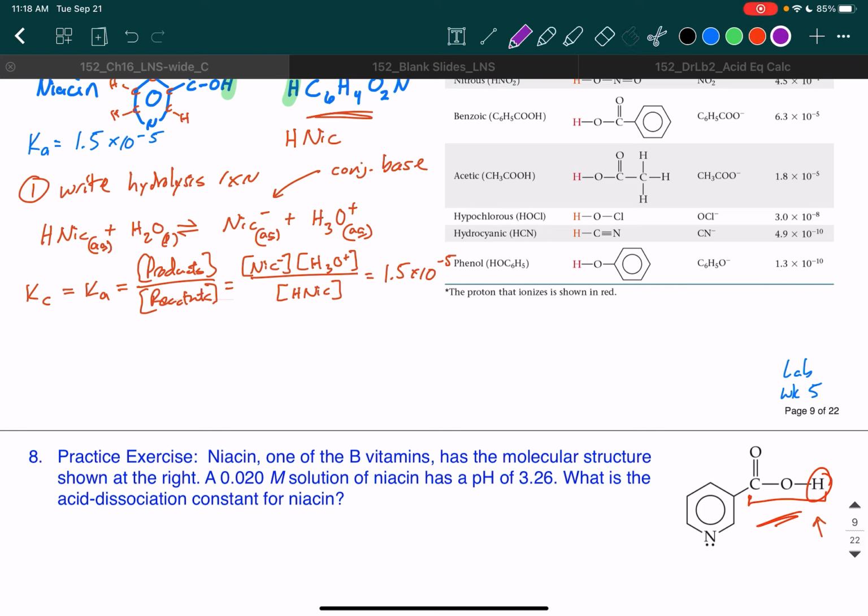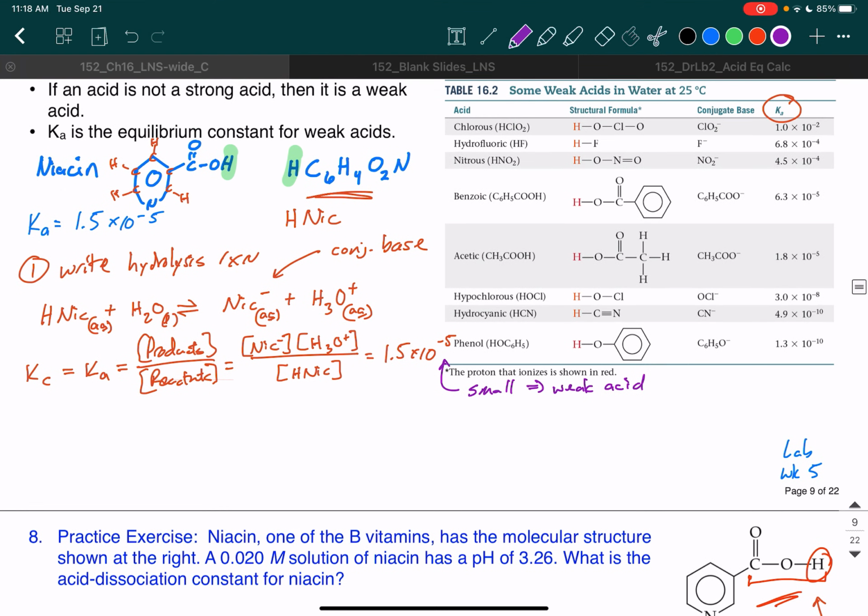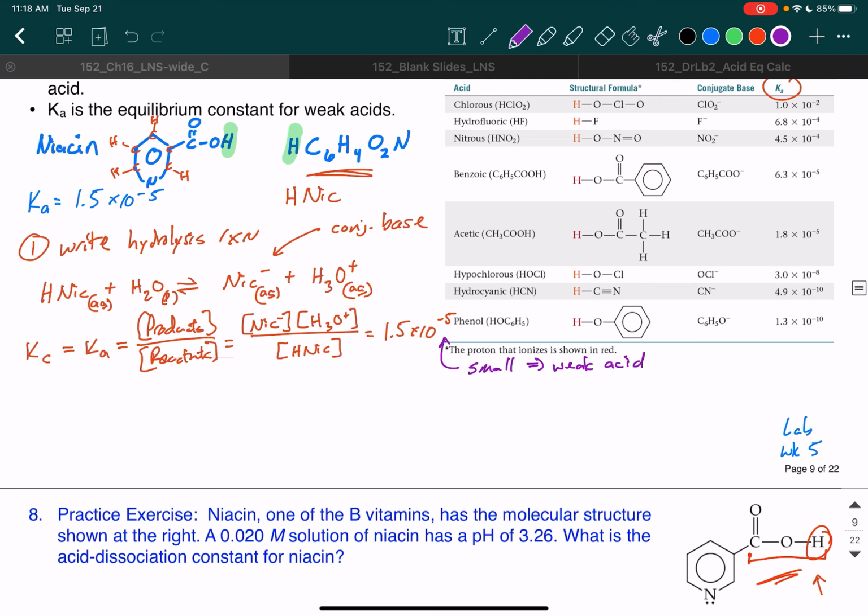Since that exponent is small, that is how we know. This is another way we know it's a weak acid, by the way. We'll come back to that in just a second.